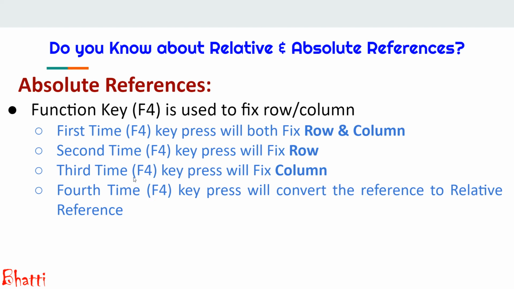The third time will change the reference to column only, and if I keep pressing up to the fourth time, the absolute reference will convert back to the normal relative reference. So the first time row and column are fixed, the second time only the row is fixed, the third time only the column is fixed, and the fourth time no column and no row is fixed.